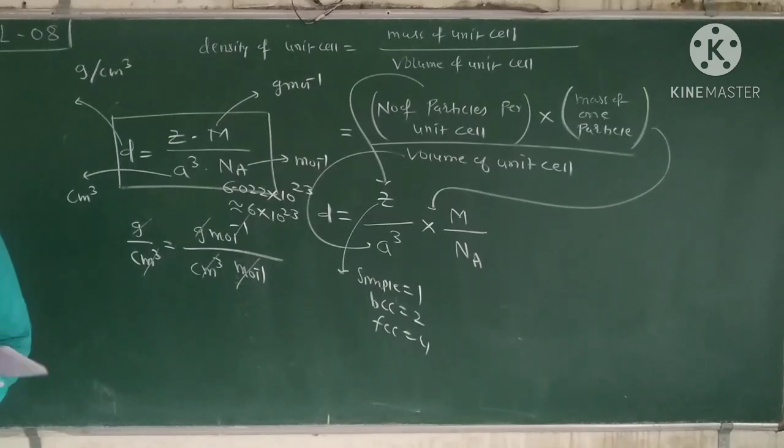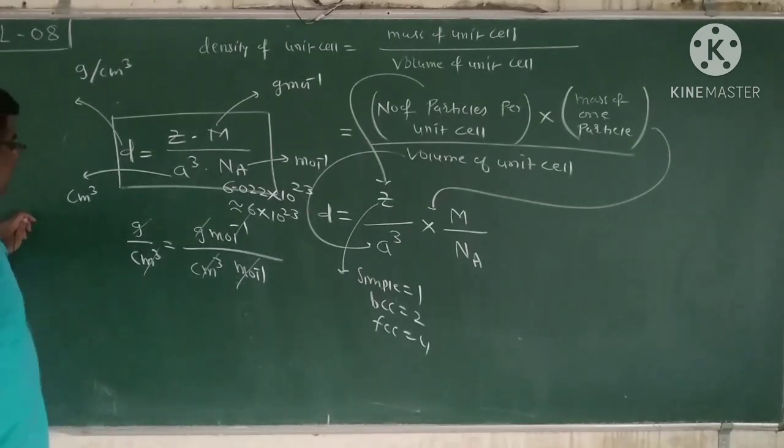Many times questions have been asked on it, and we have to mention one thing, that this Z value, which is nothing but number of atoms per unit cell, for ionic substances is formula units per unit cell. For NaCl it is 4, zinc sulfide it is 4, and CsCl is 1.